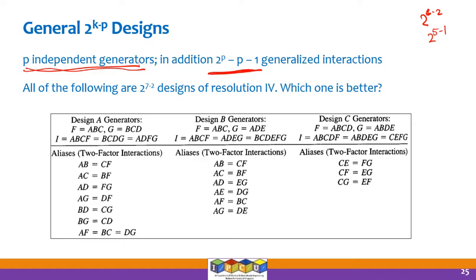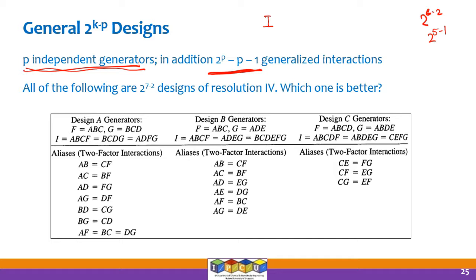So in particular, let me take this example that is shown in this particular slide. There's a 7-factor experiment, and they are doing a quarter of 2 to the power of 7 design. So k is equal to 7 here, p is equal to 2 here, and they show 3 designs.